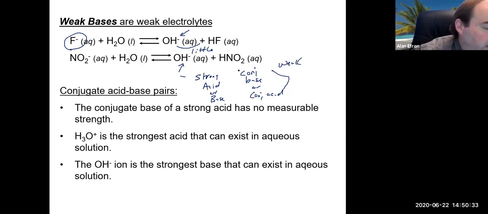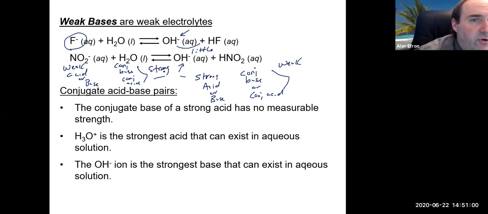So if a partner, a conjugate acid or base, comes from a strong acid or base, that conjugate part of it will be relatively weak. And vice versa, if we have a weak acid or base, the conjugate base and conjugate acid will be relatively strong. So it's sort of an opposite relationship. If something comes from a strong acid or strong base, it's relatively weak. If it comes from a weak acid or a weak base, it's relatively strong.